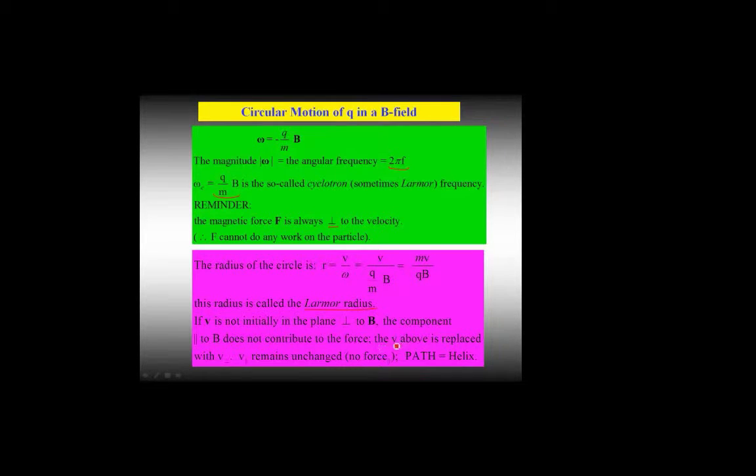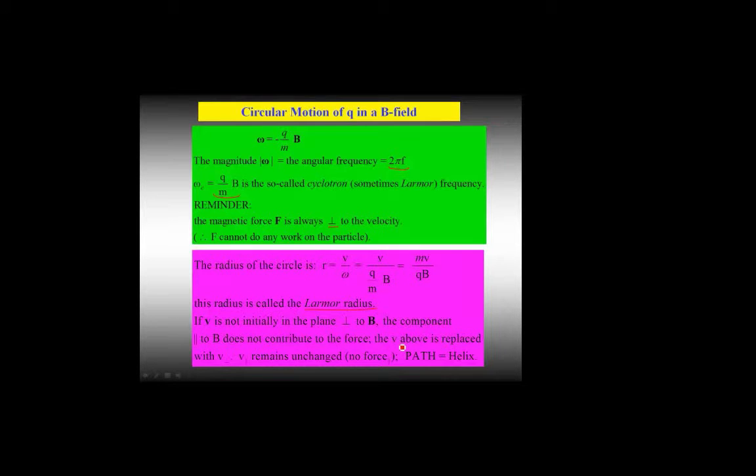If velocity is perpendicular to B, then we do have a force, and it's exactly the same force that we have above. So we have v parallel remaining unchanged, there's no force, whereas we have circular motion in the direction where we have v perpendicular. So as a result, the path is a helix.